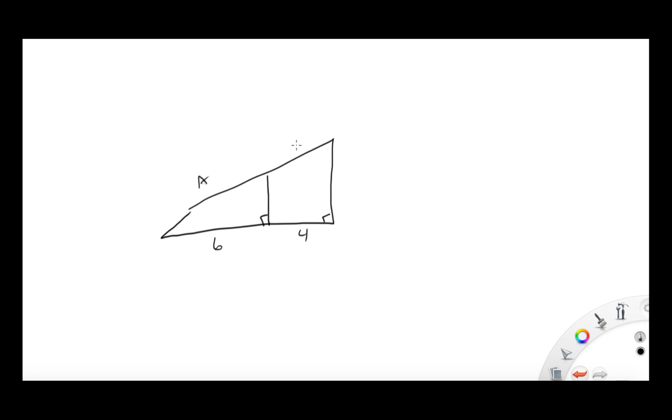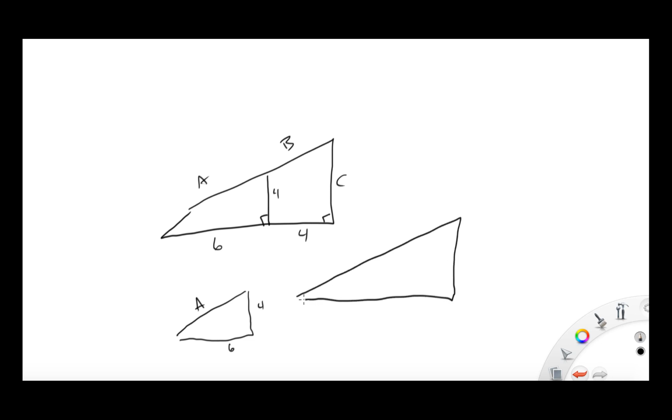Call this A, call this B, and this is C, and I have a height of 4. If I undo those triangles into small ones, I have A, I have 4, and I have 6, and the large triangle is going to be 10, C, and A and B.